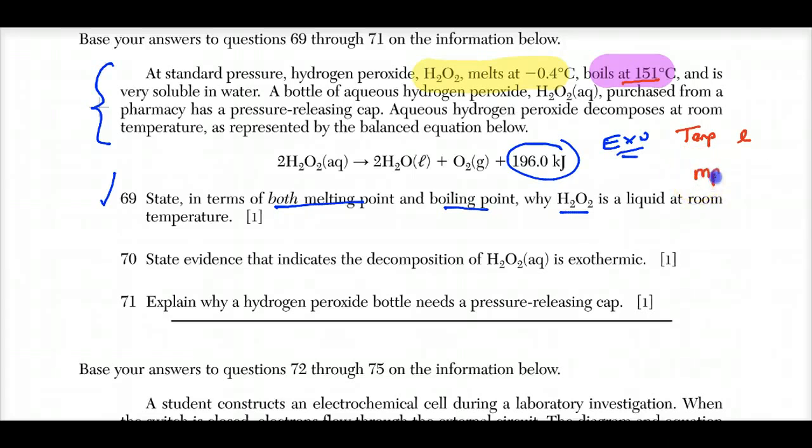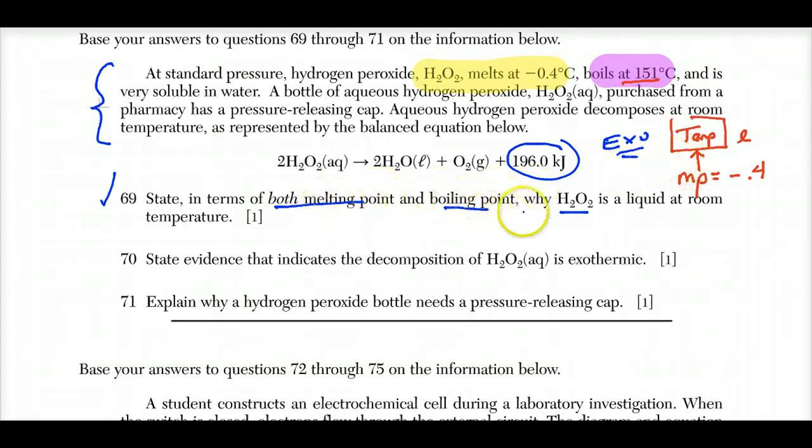In this case, the melting point is negative 0.4 degrees Celsius. So we got a negative value for a melting point. So the melting point is equal to negative 0.4, and the current air temperature must be above it. If you're above the melting point, you melt into a liquid.